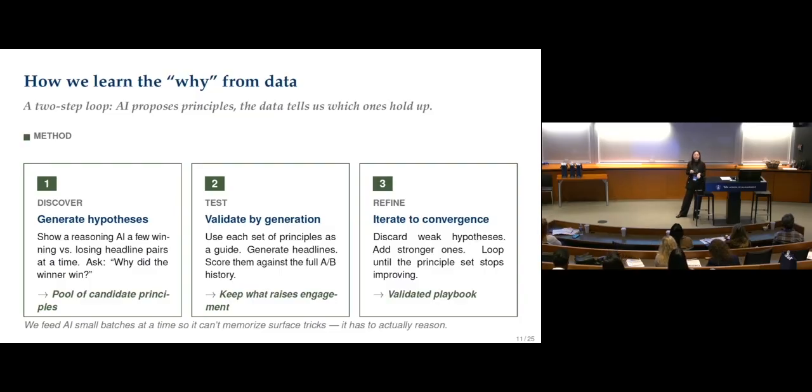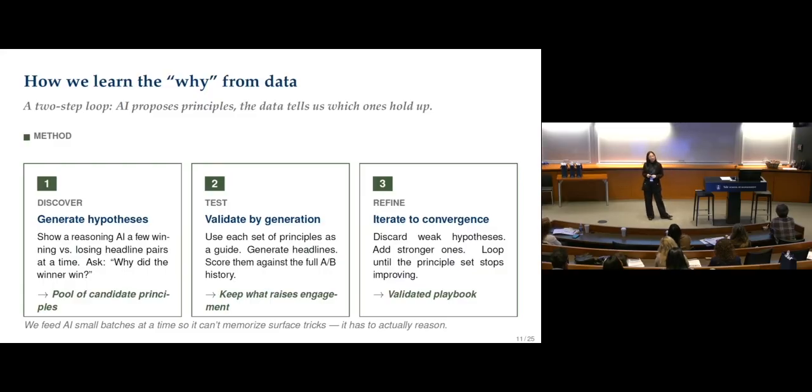This is called abduction, because the LLM tries to come up with the best possible explanation given the observed outcome. Of course, during this process the LLM can generate many different hypotheses, because we supply many different batches of headline pairs, and not all of them would be correct. Some hypotheses may only apply to certain small groups and are not generalizable.